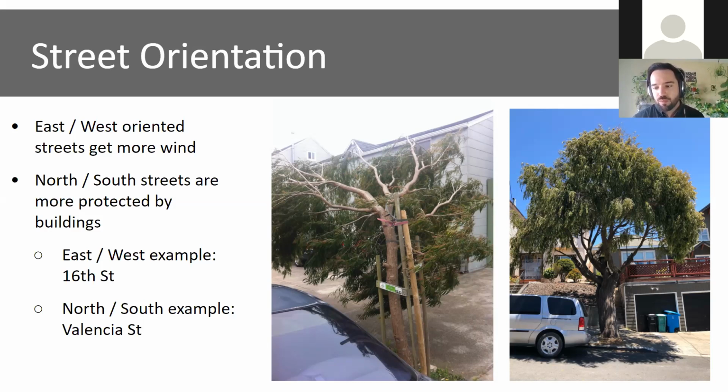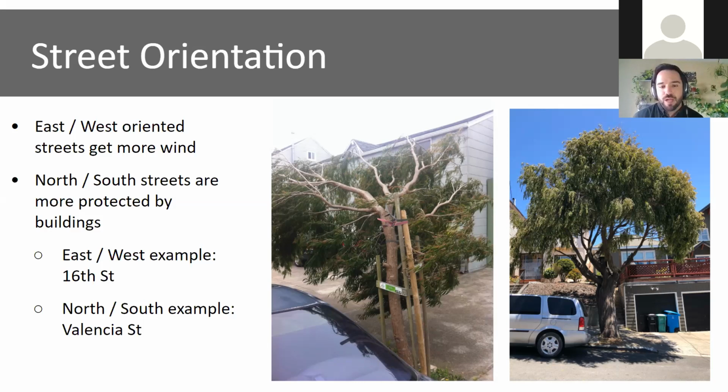And on the right, we have the same species planted on, I think, 45th Avenue in the Richmond. So, if you looked at that climate zone map with the fog, the transition, and the sun belt, the tree on the left that's very windblown would actually fall in the transition zone, and the tree on the right would fall just about as far west as possible in the fog belt.